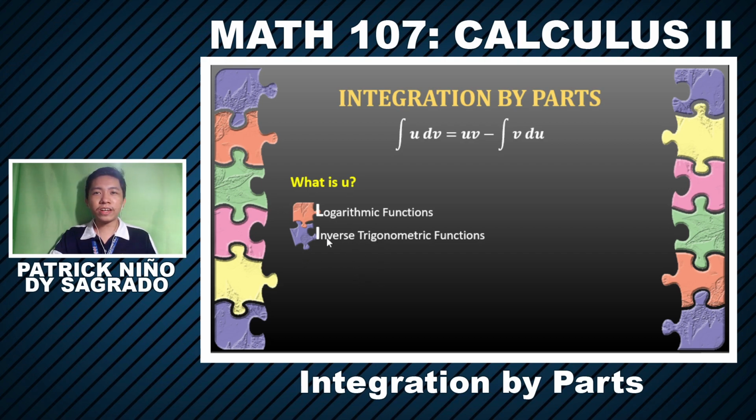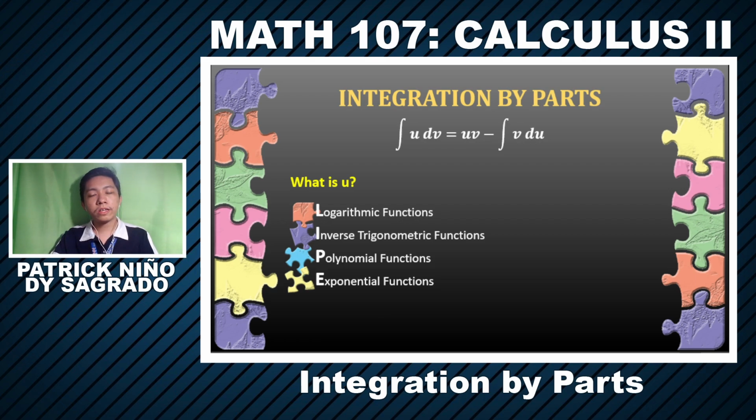If there is none of those as well, we can proceed to the polynomial functions. This can be solely a single variable, such as x, or even a quadratic function or a linear function or the like. Then, if none, we can go through the exponential function. Examples of this are e to the power of x and such.